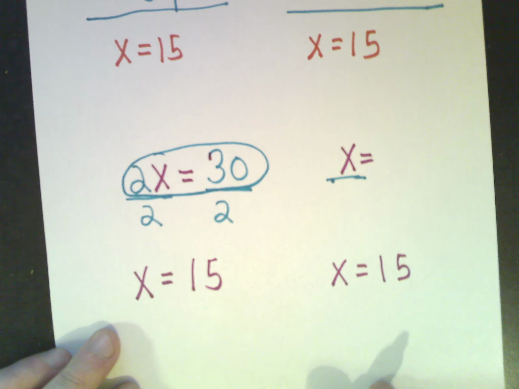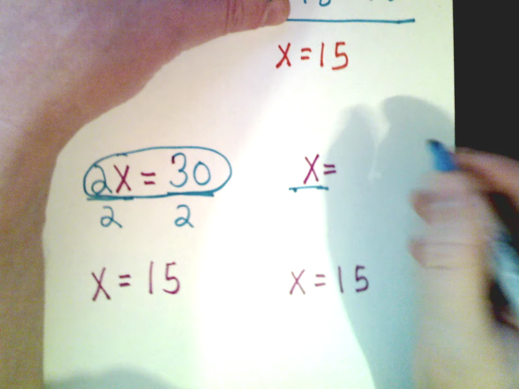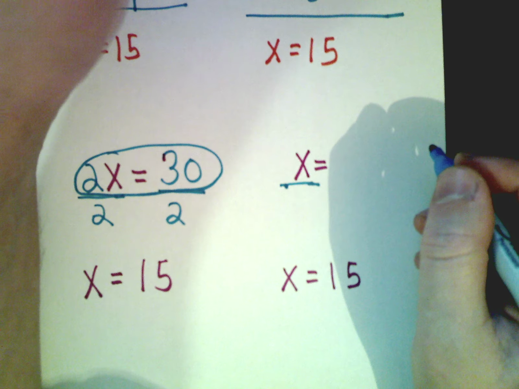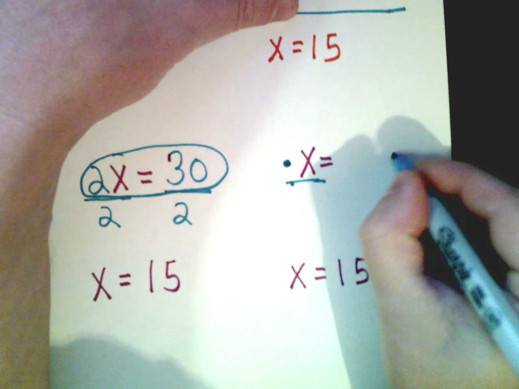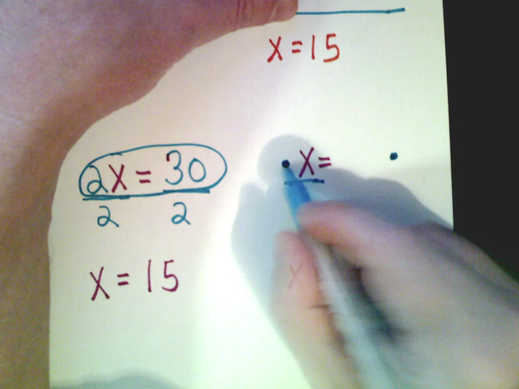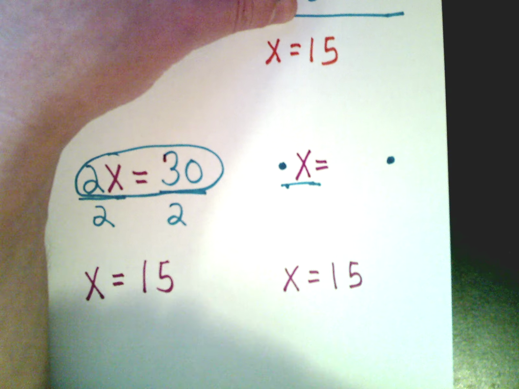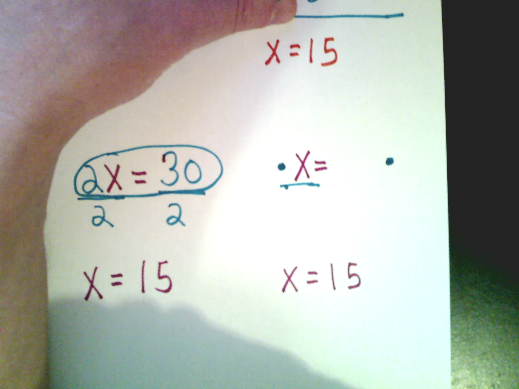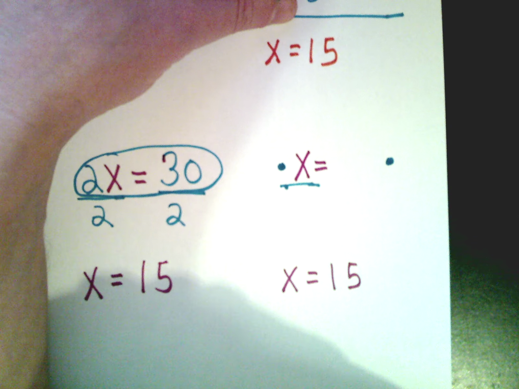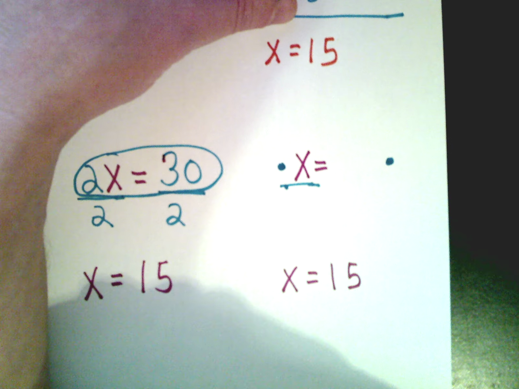Now, let's look at this one. A little bit trickier, division. Now, what I want to do here, the opposite of division is multiplication. So I want to multiply the beginning and the end by a number. Well, since it's something that's involving division, I'm going to think, well, what number divided gives me 15? Well, the 15 is 5 times 3.